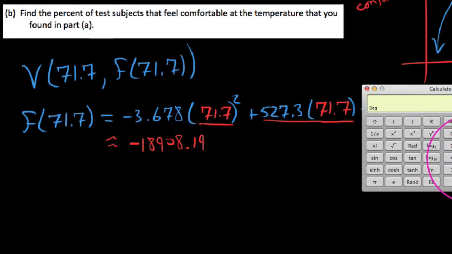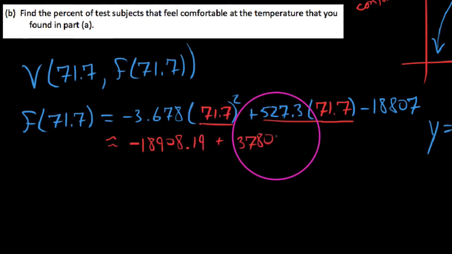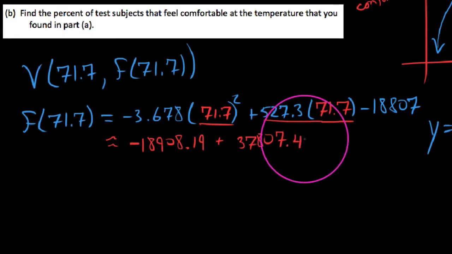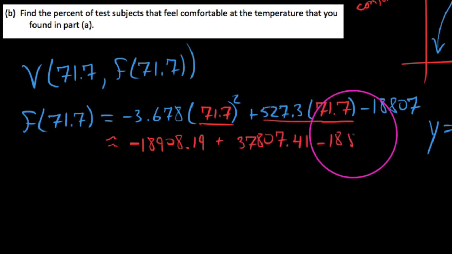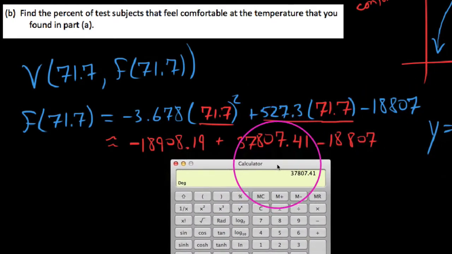We say, okay, so 527.3 times 71.7. We get this value, 37,807.41. I believe we said 0.41. Yes, we did. And all of this minus 18807. Okay, so now we'll just bring the calculator down underneath all this and type in this entire expression.